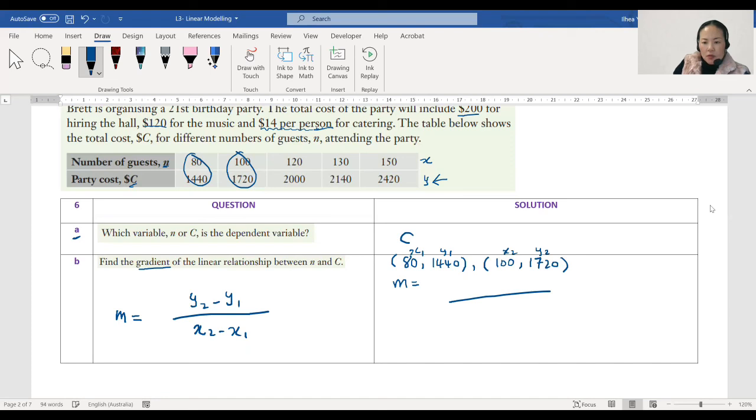So it'll be 1,720 take away 1,440, and then x2 is 100 take away 80. Okay, so if I do that, I will get 280 on the top, just use a calculator, and 20 on the bottom. So if I simplify, it'd be 14. So my gradient is 14.